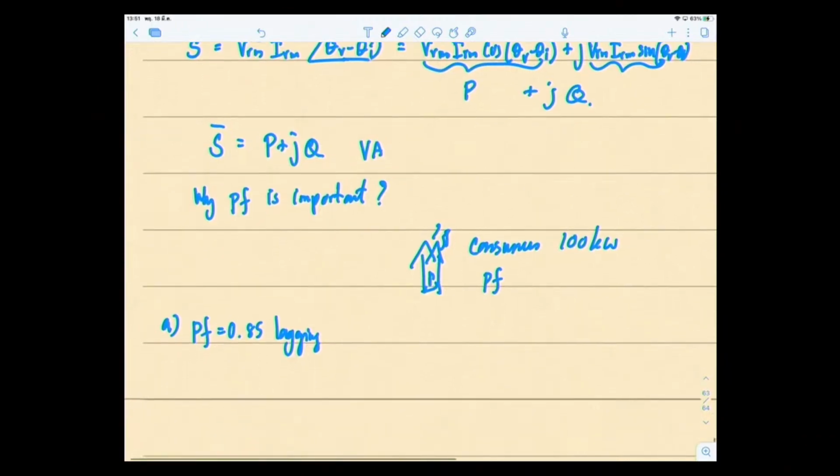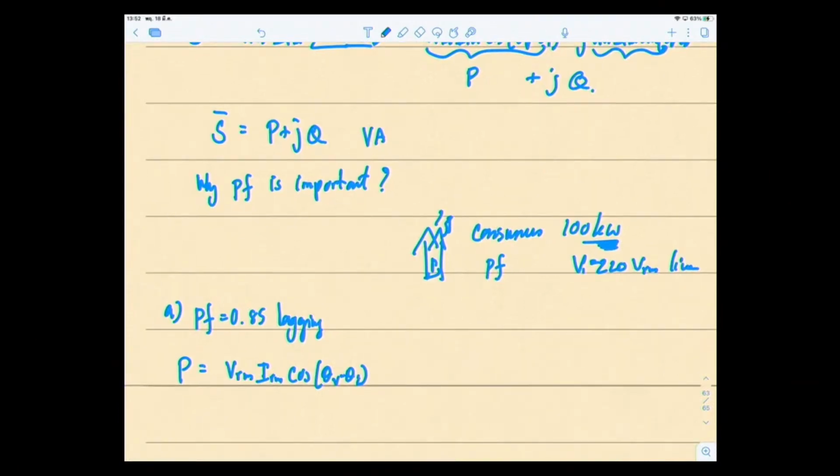So therefore, the problem says the load is in watts. So this is your average power. You know it by the unit of the power. So we know that the formula is P equal to VRMS IRMS cos(theta V minus theta I). Oh, and by the way, they use V equal to 220 volts RMS line, the voltage feeding the factory.